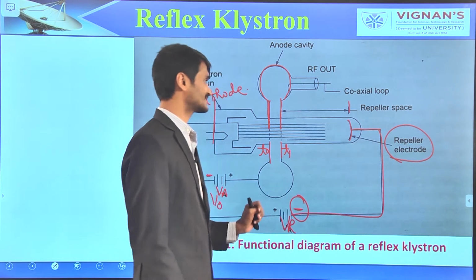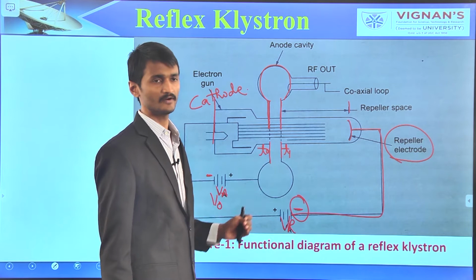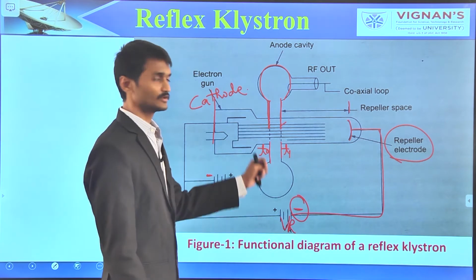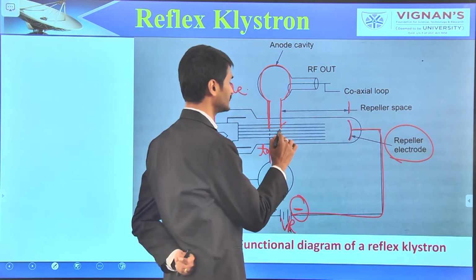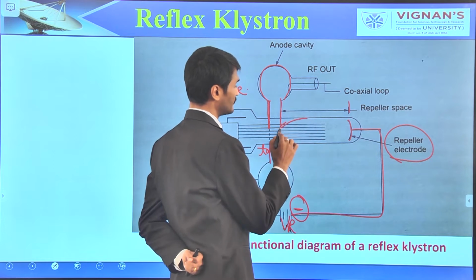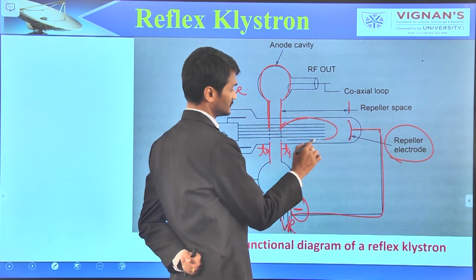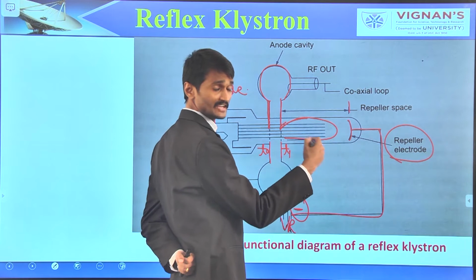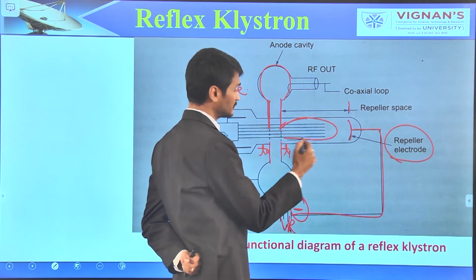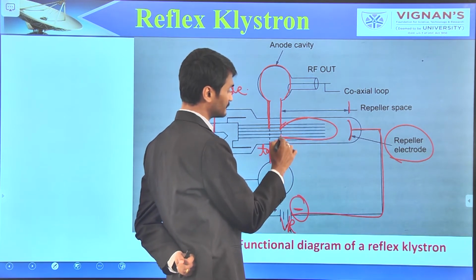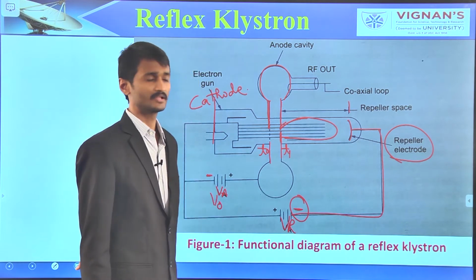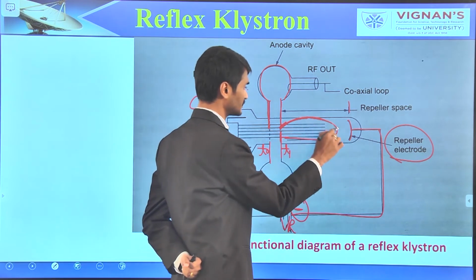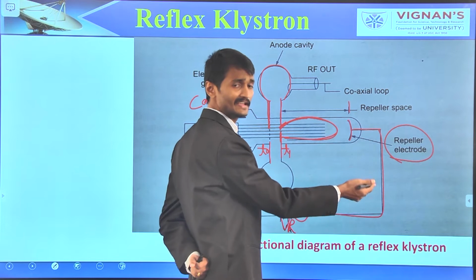As we have already seen in the operation of the reflex klystron, the electrons leave the anode cavity, are reflected by the repeller electrode, and reach the gap at the anode cavity again. They are reflected only because of the highly negative potential.